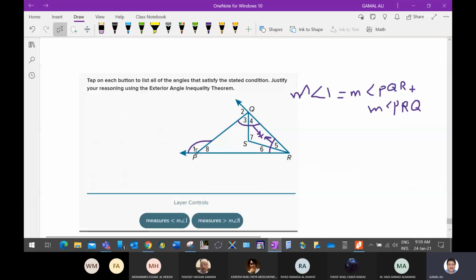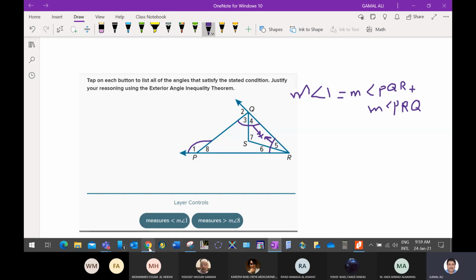This is angle 1. Angle 1 is an exterior angle, so angle 1 equals the measure of angle PQR plus the measure of angle PRQ. That means the measure of angle 1 is greater than any one of them alone. And I can say angle 1 greater than angle PQR, angle 1 greater than angle PRQ.